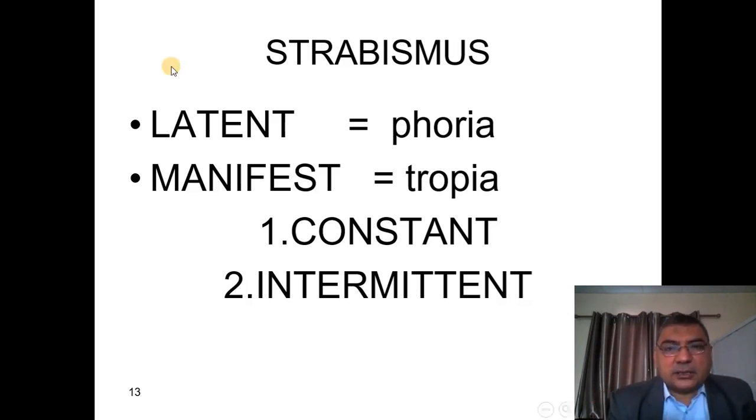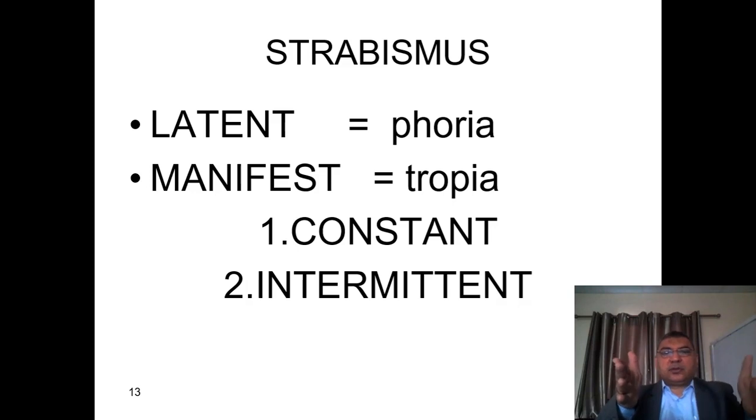Latent deviation, or phoria, is a deviation that does not appear except if we interrupt single binocular vision, which we are going to talk about later on. So if both eyes are open, the eyes are straight.